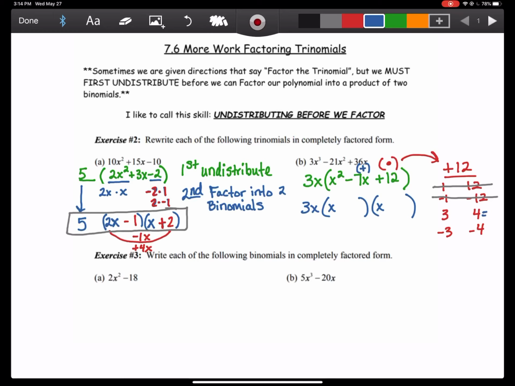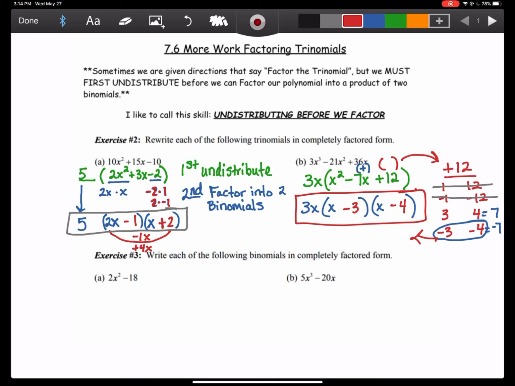The answer when 3 and 4 are added makes +7. That's not what we want. Okay, when -3 and -4 combine, we get -7. That is what we want. So I'm going to circle those 2 numbers, and I'm going to use them in my binomials. -3 and -4. And that is my answer.